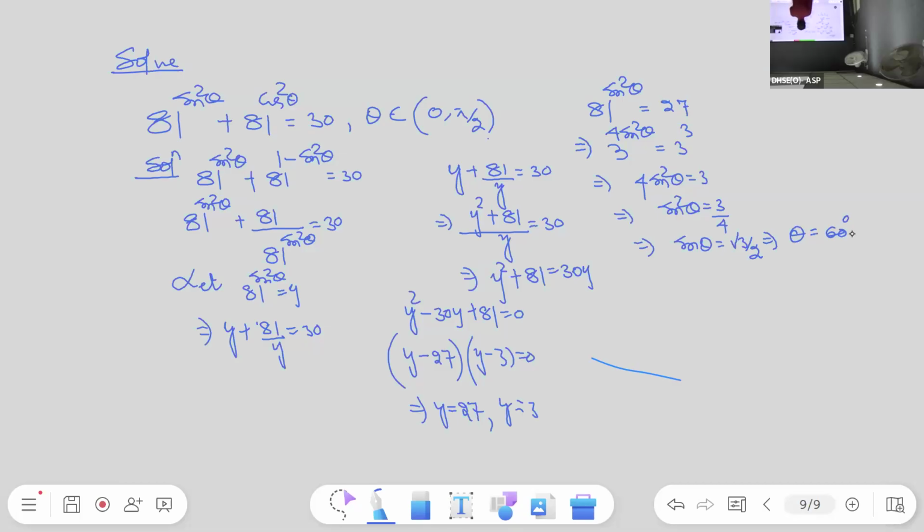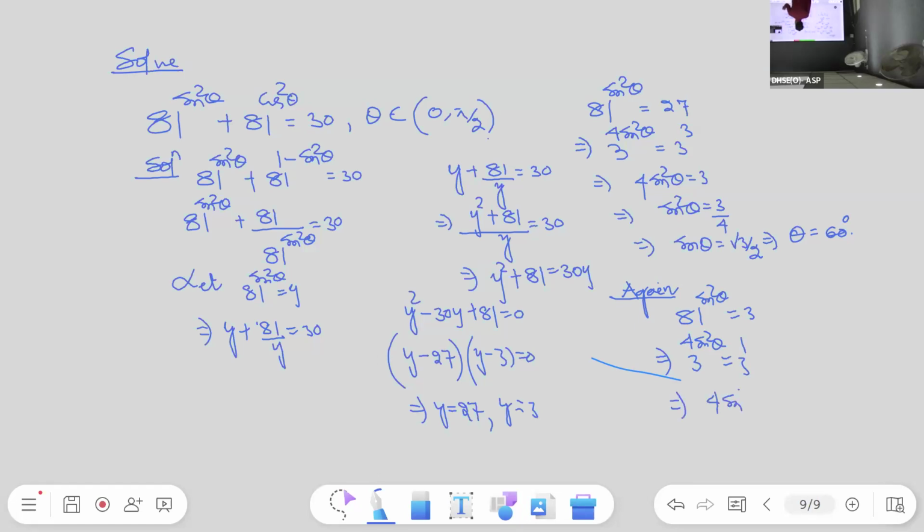Again, 81 to the power sin square theta is equal to 3. This implies 3 to the power 4 sin square theta is equal to 3 to the power 1.